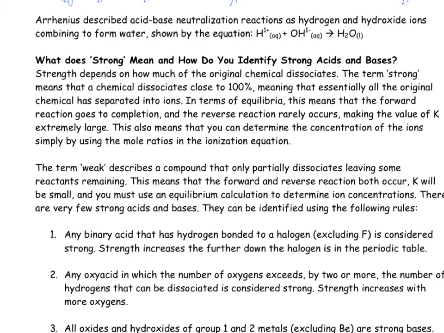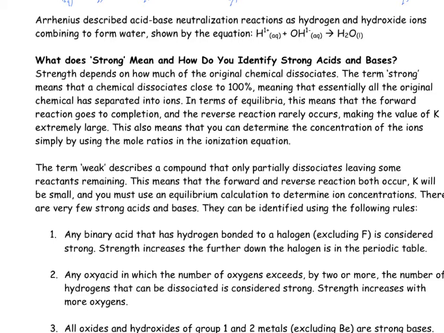The terms strong and weak are often discussed in acid-base chemistry. Strength depends on how much of the original chemical dissociates or ionizes. The term strong means that a chemical dissociates close to 100%, meaning that essentially all the original chemical has separated into ions.